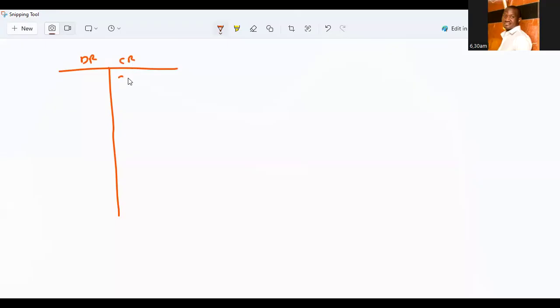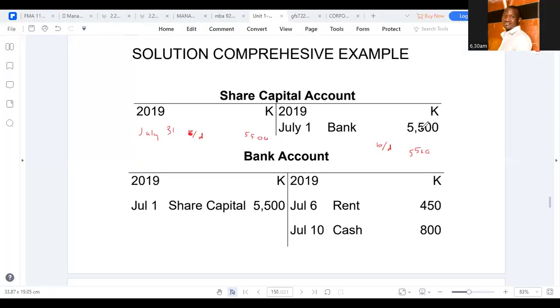So capital, 5,500. So in short, if you have an account like we had here, this closing balance here, 5,500, the balance brought down will actually be on the same side, on the credit side here, 5,500.